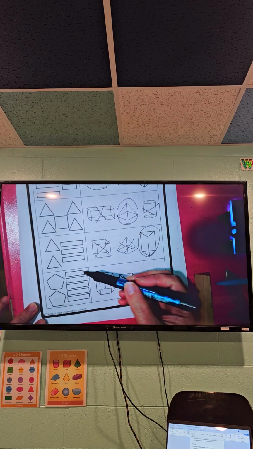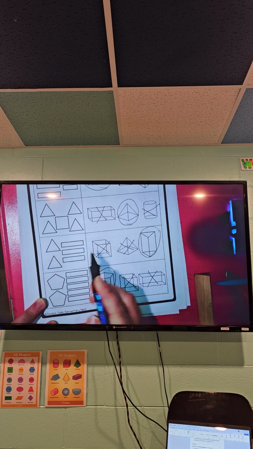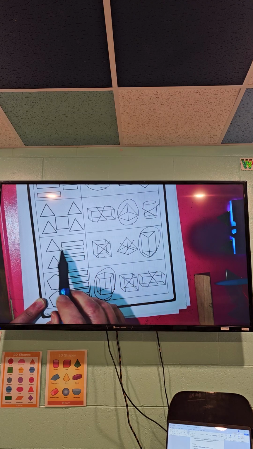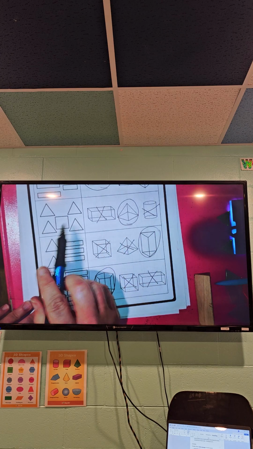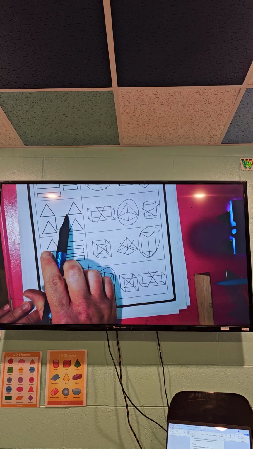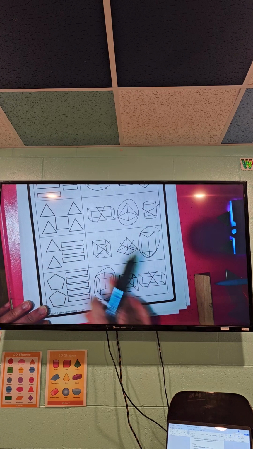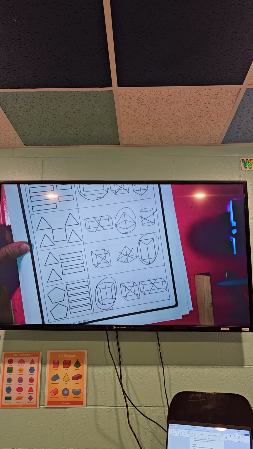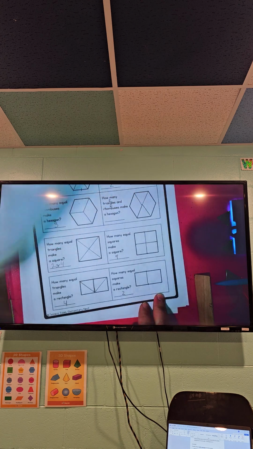So let's count. 1, 2, 3, 4, 5. Just like up here, there was 3 rectangles for the 3 sides of the triangle. That's why there's 4 triangles up here, because there are 4 sides of the square. Okay? Makes sense. Turn the page.